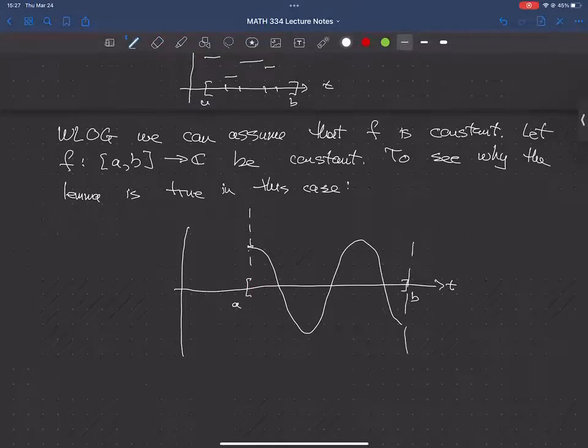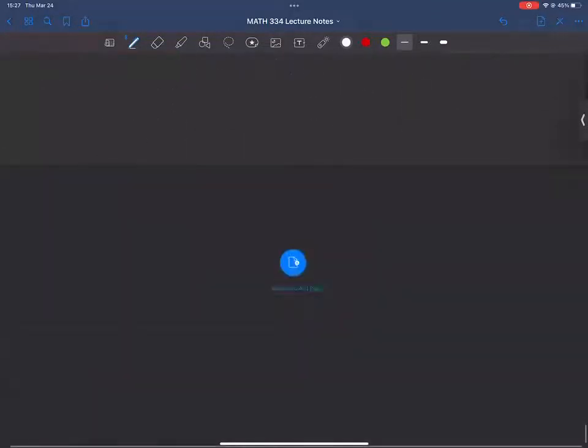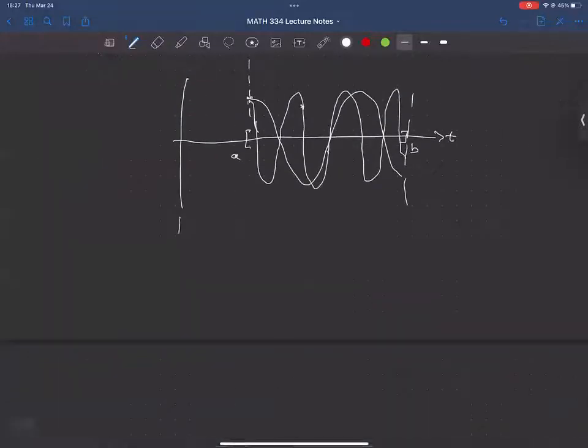Now, as n increases, the frequency of this harmonic increases. I don't know what this is going to look like, but let's suppose it looks something like this. And then as I increase the frequency even more, to very high frequencies, I'll try to give a representation of what's going on there.